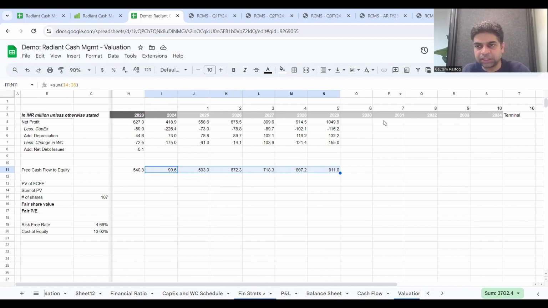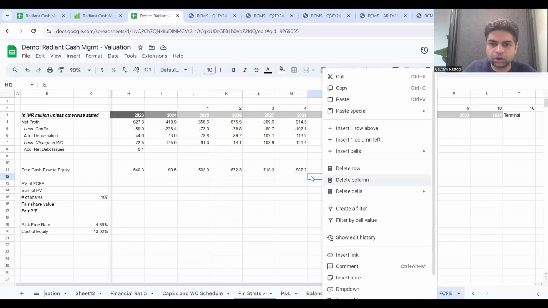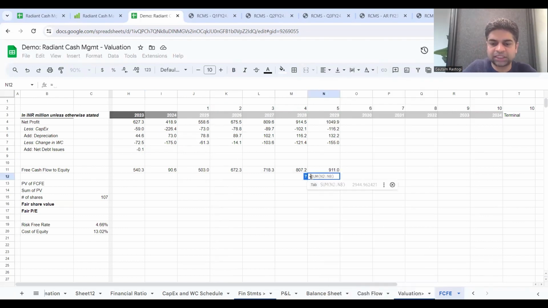Now for the next 5 years, let's look at the growth for estimating the free cash flows. By the way, why the next 5 years? We can always stop. But the reason I'm going 10 years is that I believe this business would grow.